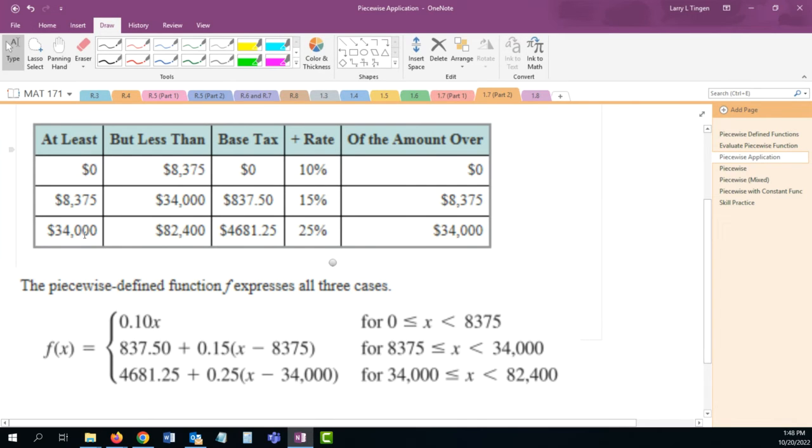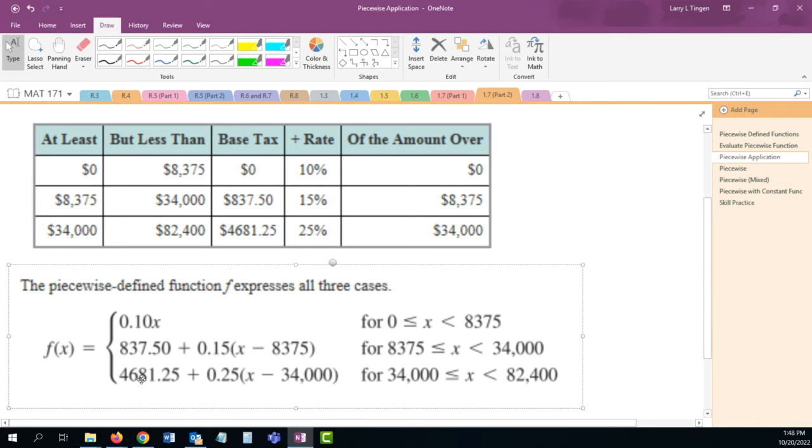The last one, if you make more than 34,000 but less than 82,400, it's a 25% tax rate on all the money you made over 34,000. How do you do that? Well, if you made 60,000, 60,000 minus 34,000 is 26,000. So you'll pay 25% tax on the 26,000.